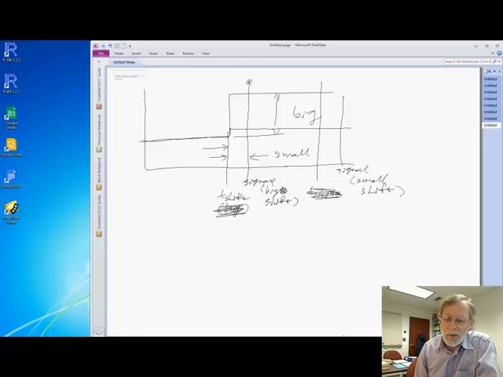In other words, the chart is going to take a lot longer to respond to a small shift than to a big shift.